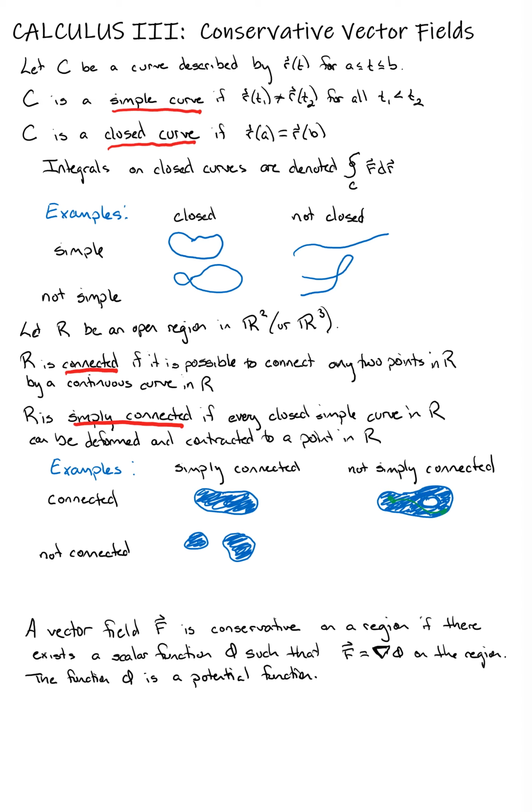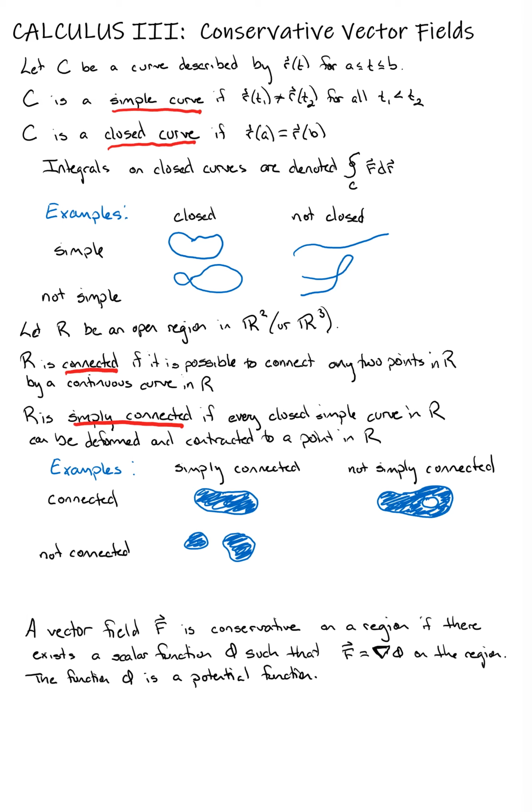I might have to travel around that hole, but it's still okay. It still works, so it is still connected. But if I try to deform it because of that hole there, I won't be able to deform it down to a single point. It's always going to have that little hole in it. So that would make it not simply connected.